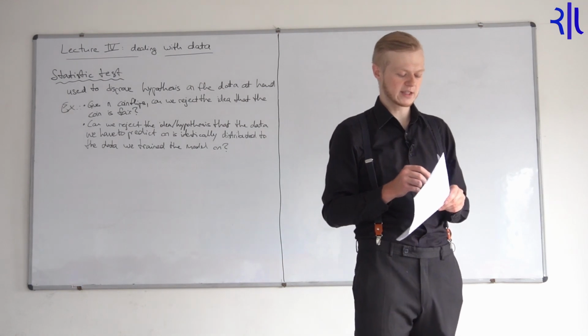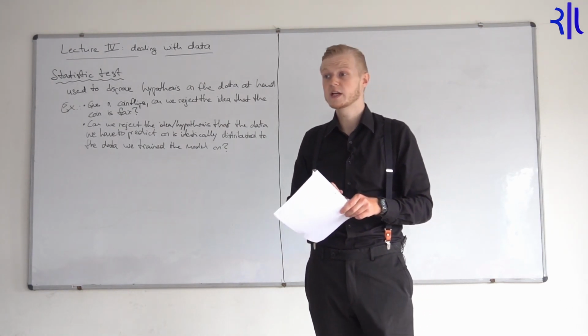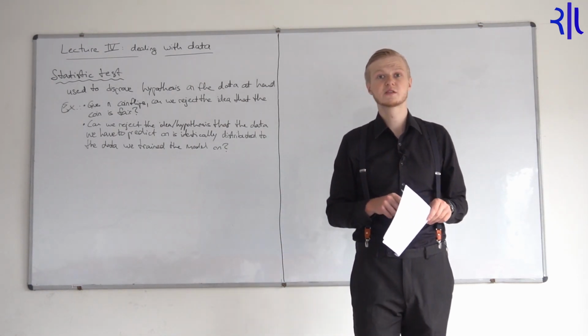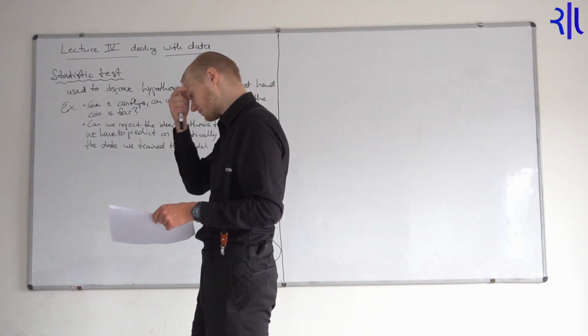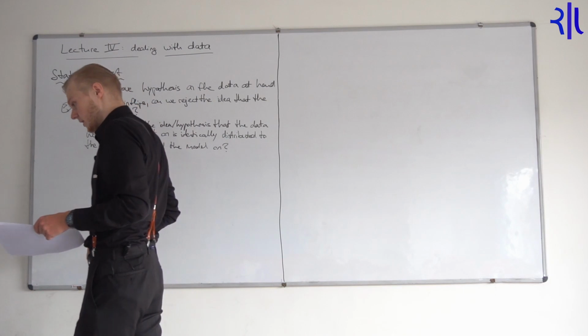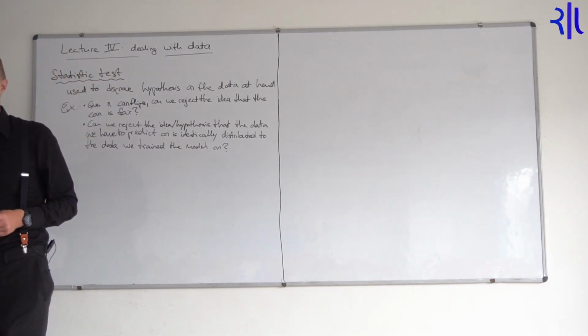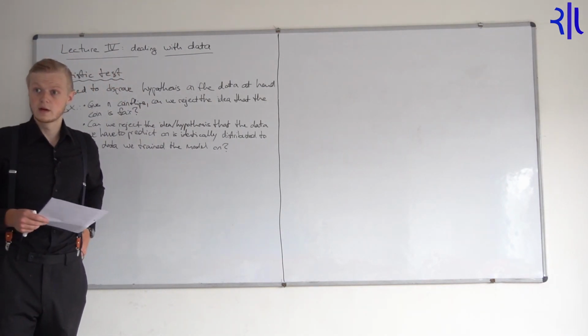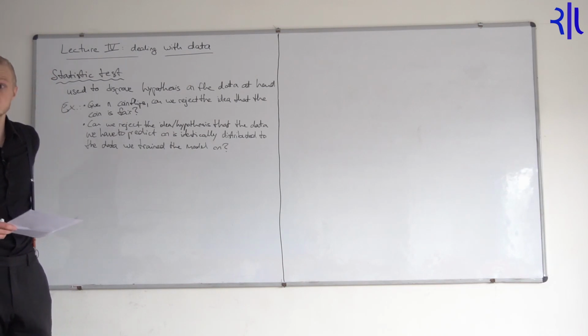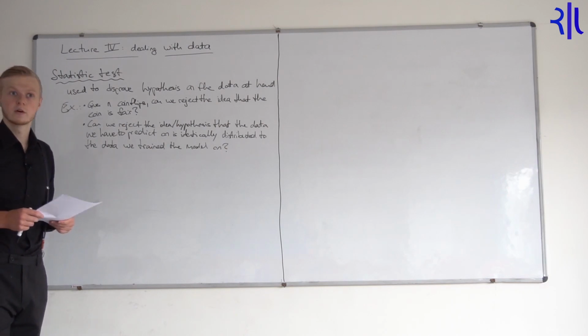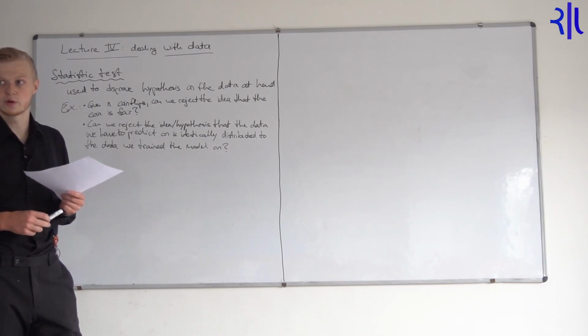For example, you can test if the data you have is actually normally distributed. So when you think back to the linear regression, in our derivation of the formula of how to get the coefficients for the linear regression, we assumed that the data, or at least the error of the data, is normally distributed.